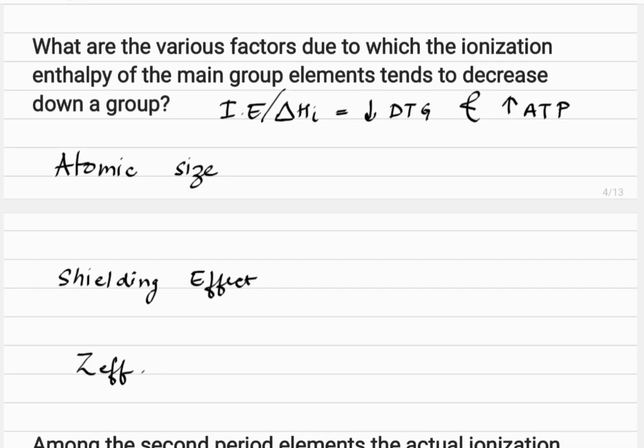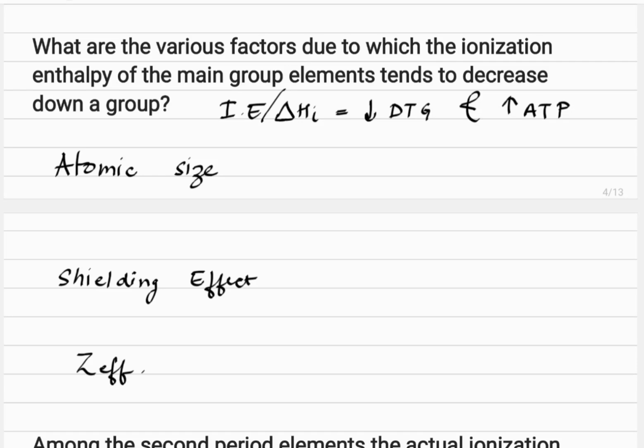What are the factors due to which the ionization enthalpy of the main group elements tends to decrease down a group? So ionization enthalpy, we know, is the energy required to remove the most loosely bound electron in an isolated gaseous atom, measured in kilojoules per mole.